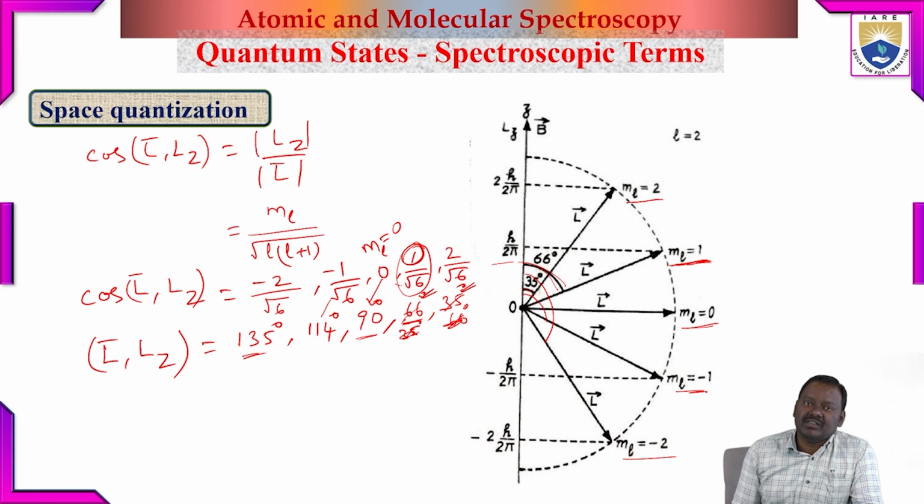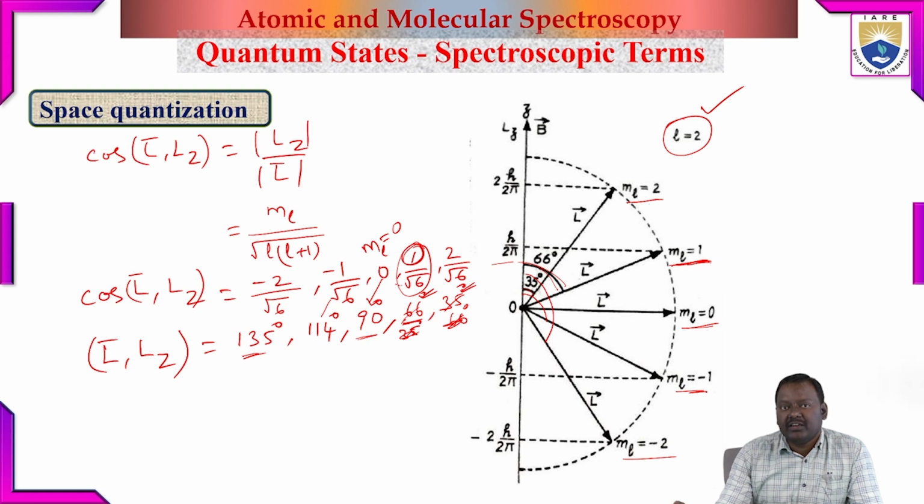So the electron orbit orientation is quantized. That means there could be no other possible orientations. Only these orientations are possible for L equal to 2.